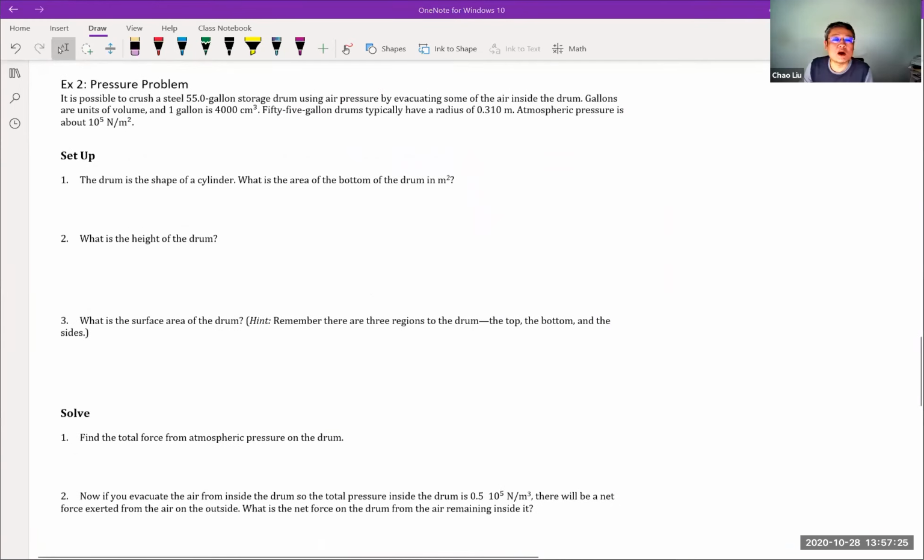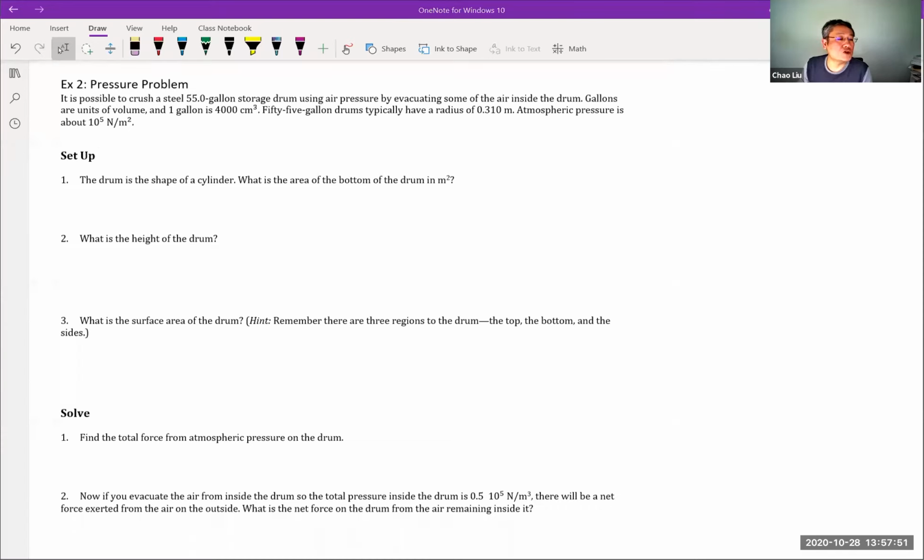Okay, let me go through one more problem over here. Here we are looking at a steel storage drum, a 55-gallon storage drum. And using air pressure, we want to evacuate the air inside of the drum. Gallon is another unit, a volume unit as well.